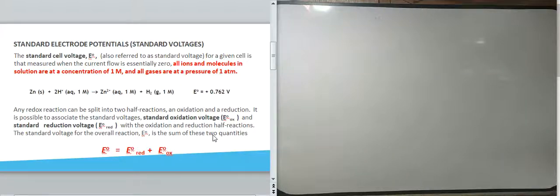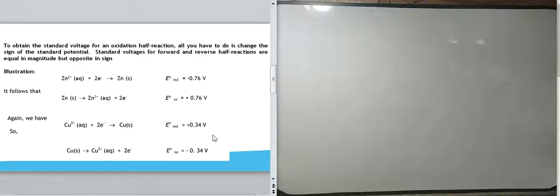So we have here an example. To obtain the standard voltage for an oxidation half reaction, all you need to do is change the sign of the standard potential. Standard voltages for forward and reverse reactions are equal in magnitude but opposite in sign. So we have here an illustration. Zinc 2 plus plus 2 electrons will yield zinc solid.